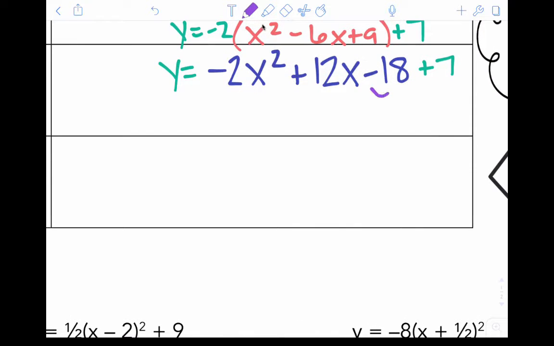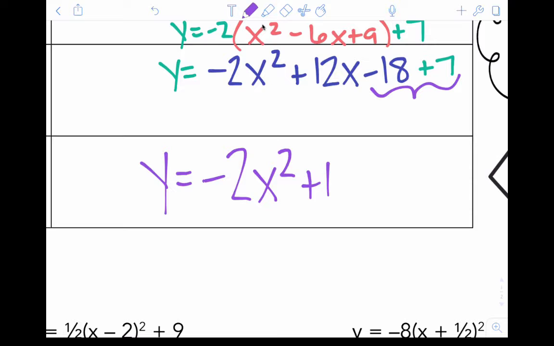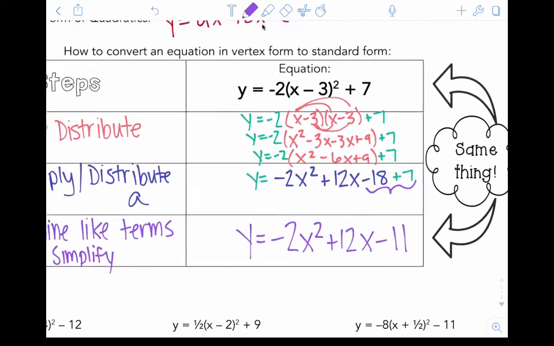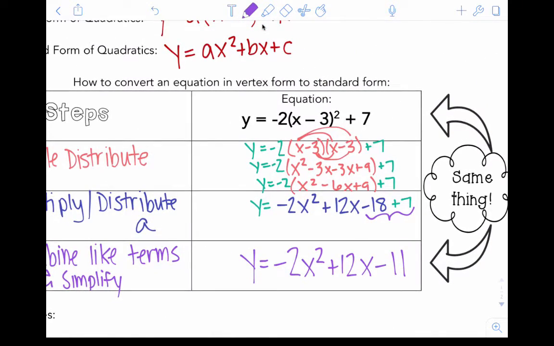So this is y equals negative 2x squared plus 12x, and then negative 18 plus 7 is negative 11, so that's minus 11. That is all we're doing, because this final equation is now written in standard form. So this is telling me that this and this are the same thing. They're just written differently.